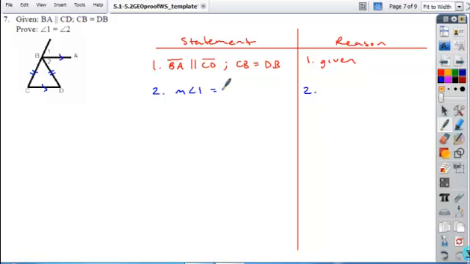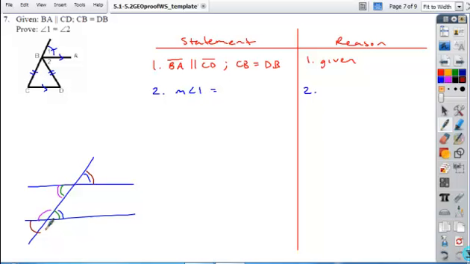Okay, so in order to bring angle 1 into our proof, what does angle 1 equal? Well, anytime you see parallelism in a proof, you're probably looking for corresponding angles, or alternate interior angles, or same side interior angles, or alternate exterior angles.